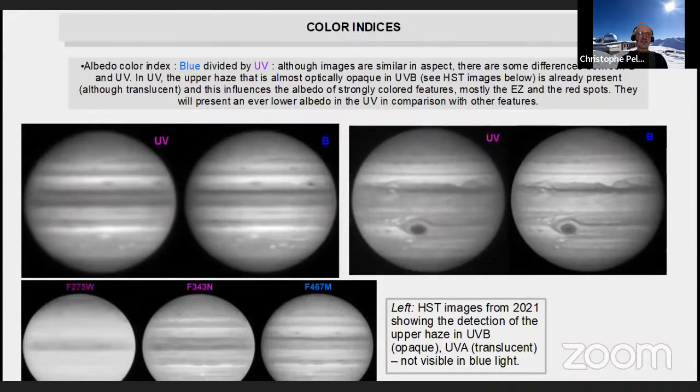But this influences the albedo of strongly colored features, mostly the equatorial zone or the red spots. And such features are going to present an even lower albedo in the UV in comparison with other features.